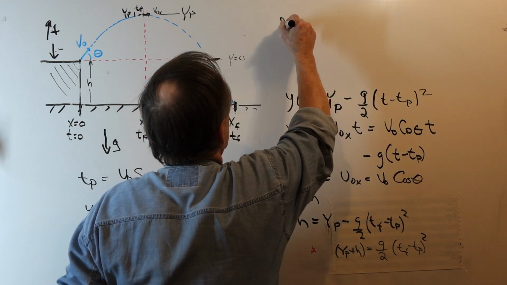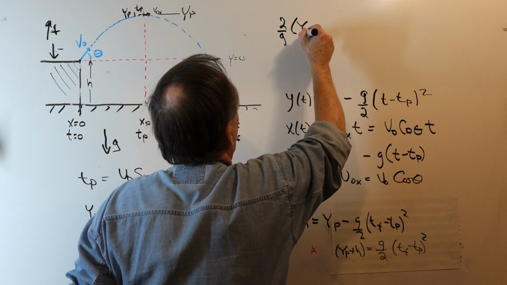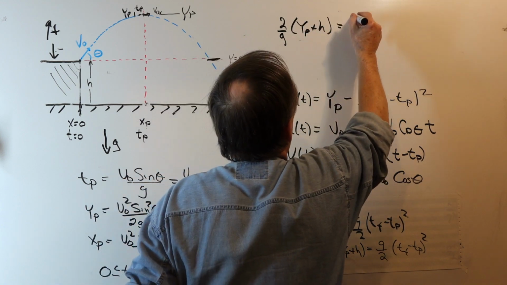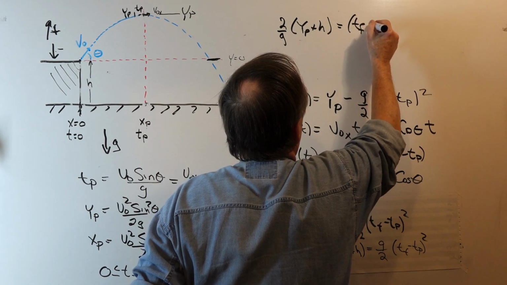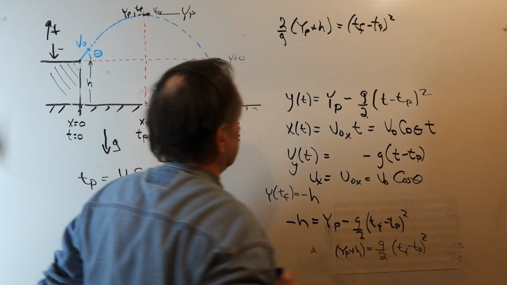So this is 2 over g times y peak plus h, and that's equal to t final minus t peak squared.